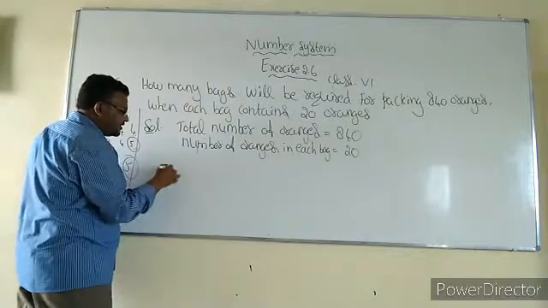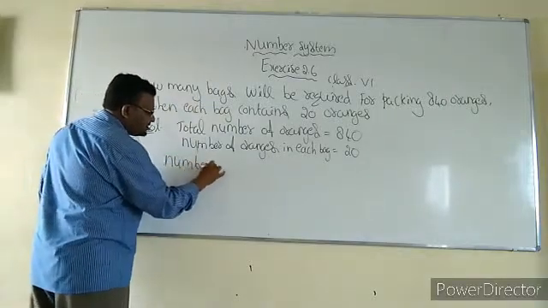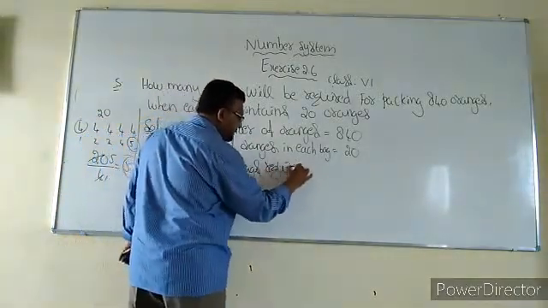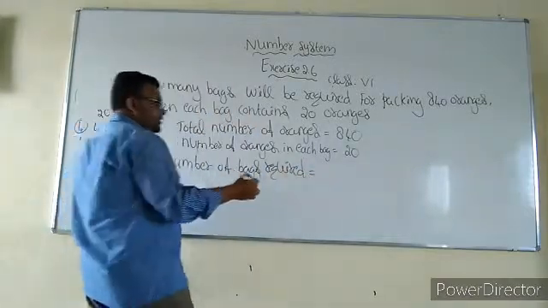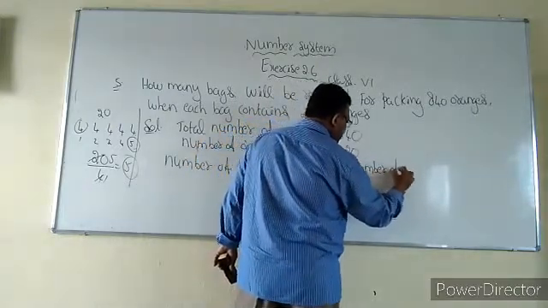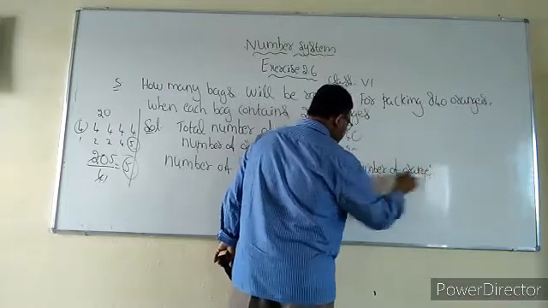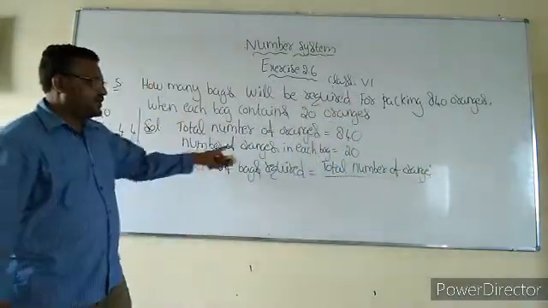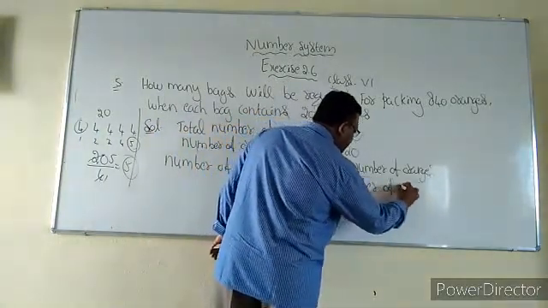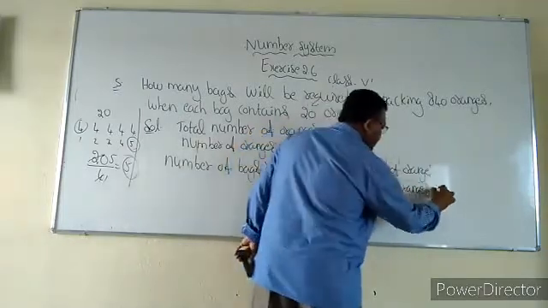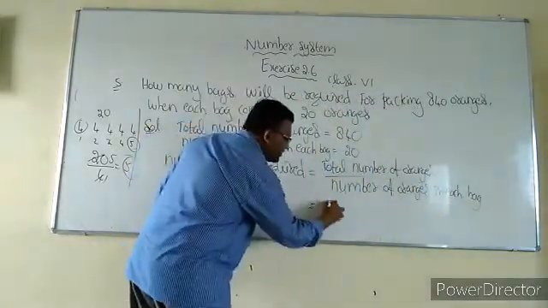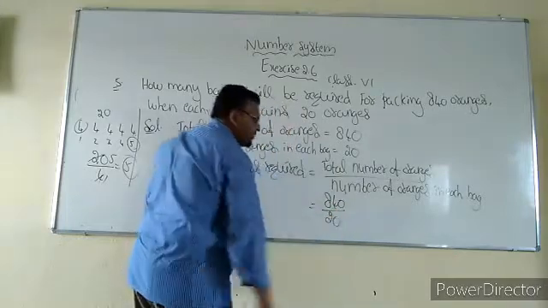So number of bags equals total number of oranges divided by number of oranges in each bag.